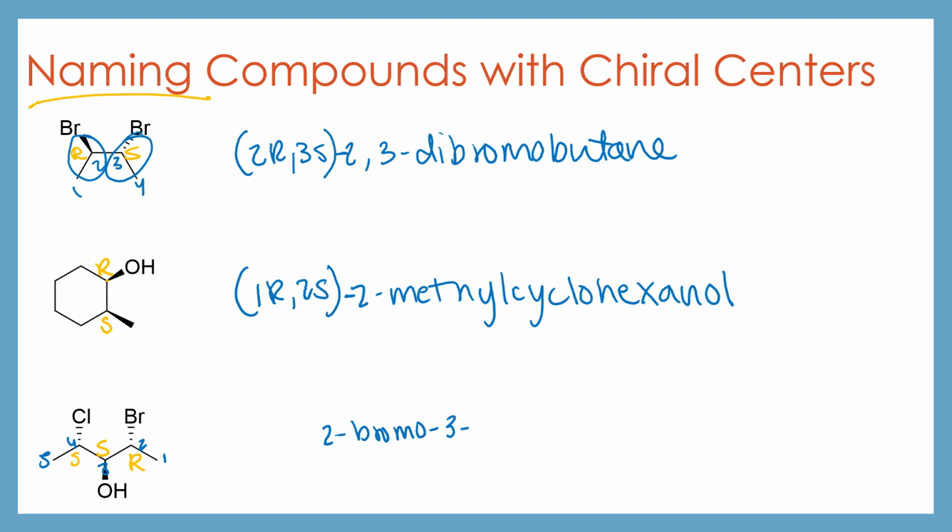Oops, not 3-chloro, 4-chloro, 3-pentanol. 2-bromo-4-chloro-3-pentanol. And then we have to shove all those letters and numbers in the beginning. We have 2R, 3S, 4S. And that is how you include your designations in your nomenclature.